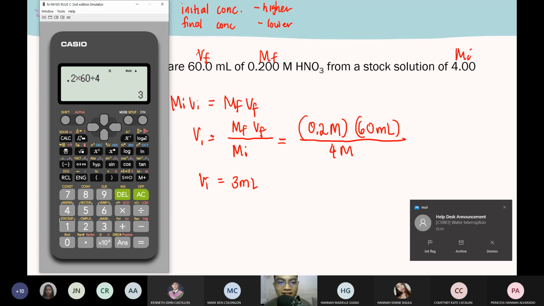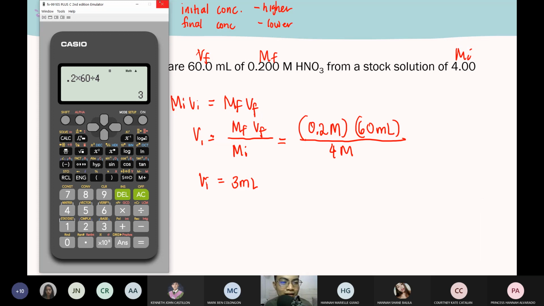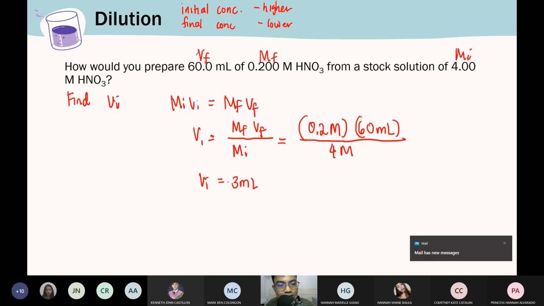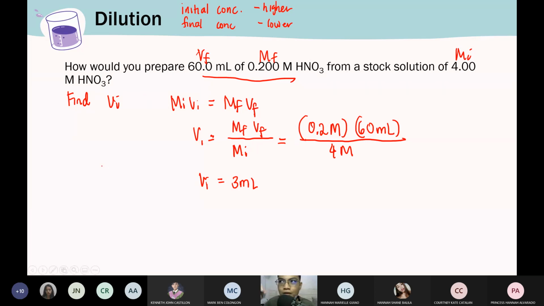So, ano meaning yan? Ganito mag-interpret ng answer sa dilution. Ibig sabihin yan, para makagawa ka ng ganitong solution, kailangan mo ng 3 ml of 4 molar nitric acid. So, how will you describe the preparation? Kasi yung tinatanong, how will you prepare?